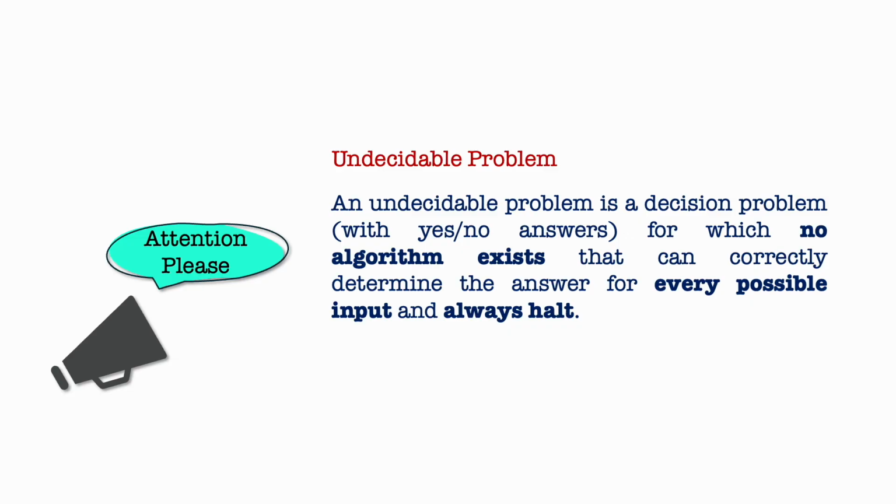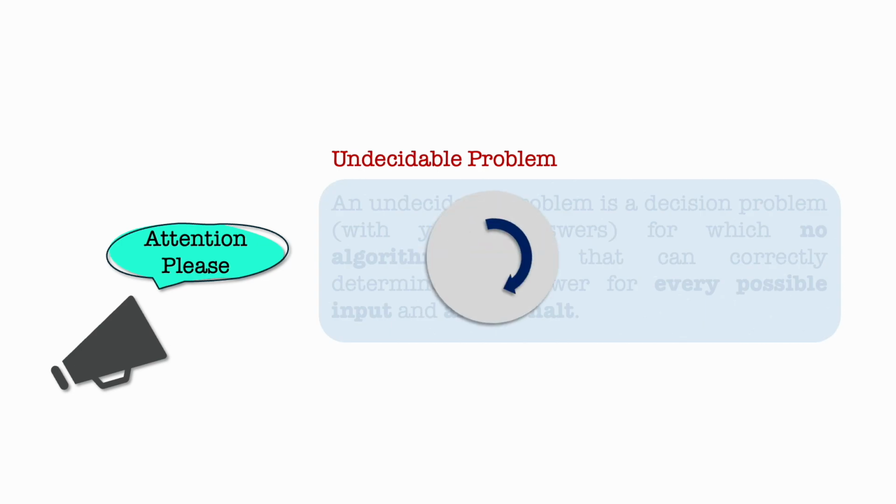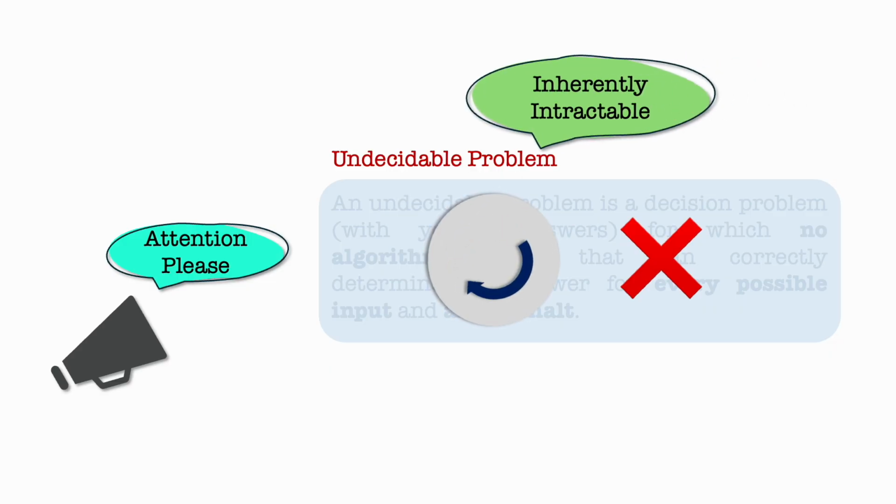This means that even if we use the most powerful algorithms or advanced techniques, there will always be some inputs for which the algorithm either loops forever or produces an incorrect result. This limitation is not about time, efficiency, or hardware. It's about the fundamental limits of logic and computation. That is why we say undecidable problems are inherently intractable. They go beyond what is computationally solvable.